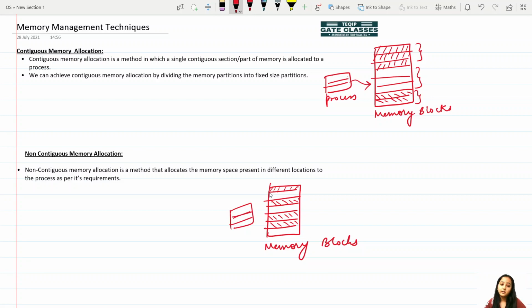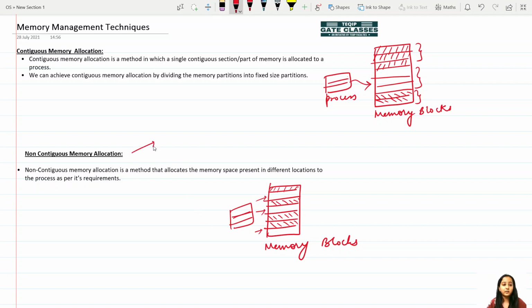Here one space is empty, another space is empty, here another space is empty. So it can be accommodated according to the different locations available, according to the requirement of the process. It can't be allocated in a contiguous manner. Okay, so this is the difference between contiguous and non-contiguous memory allocation.